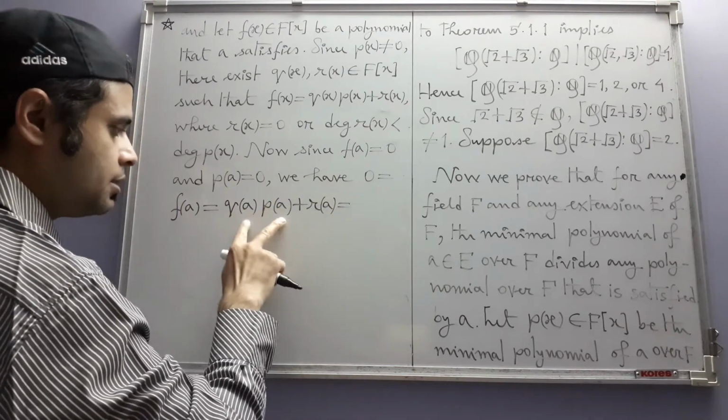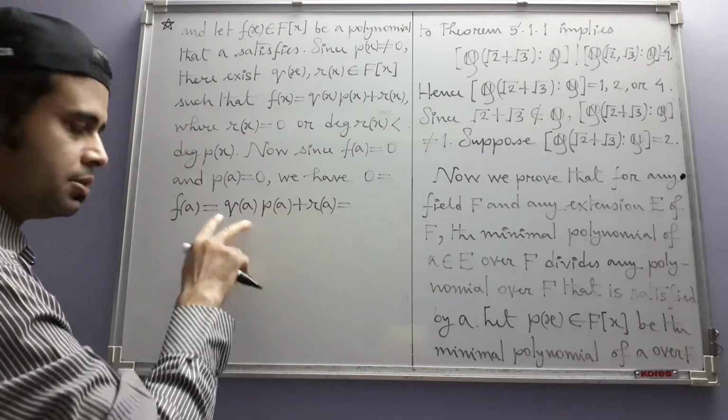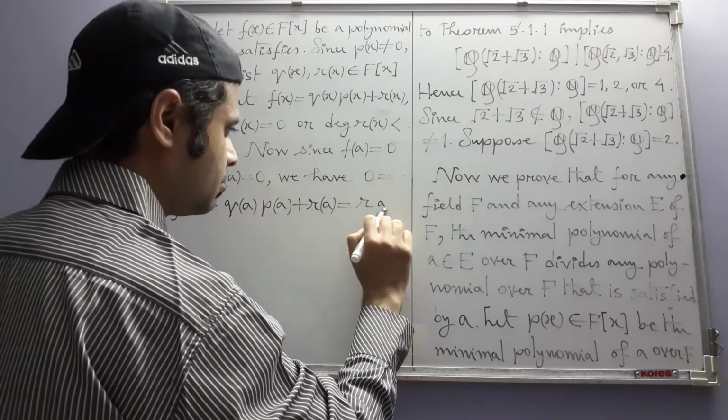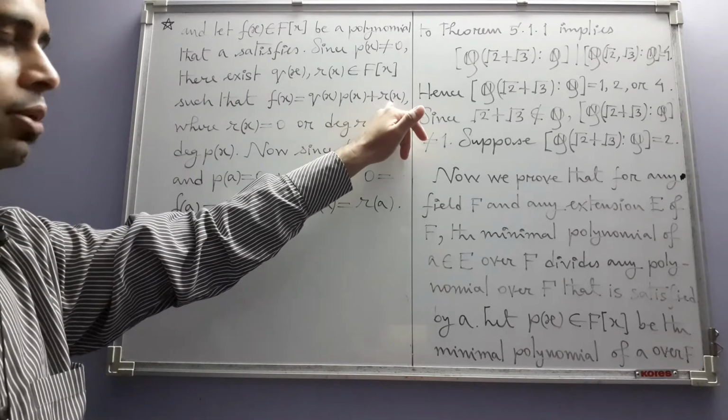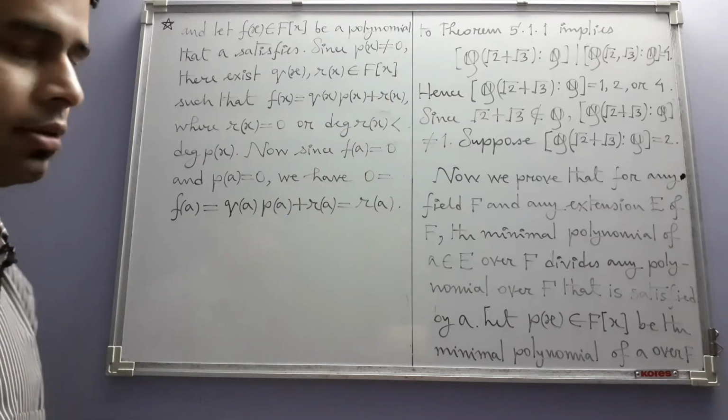Now because this is 0, this term will be 0, so this is equal to r(a). So that means the polynomial r(x) is also satisfied by a.